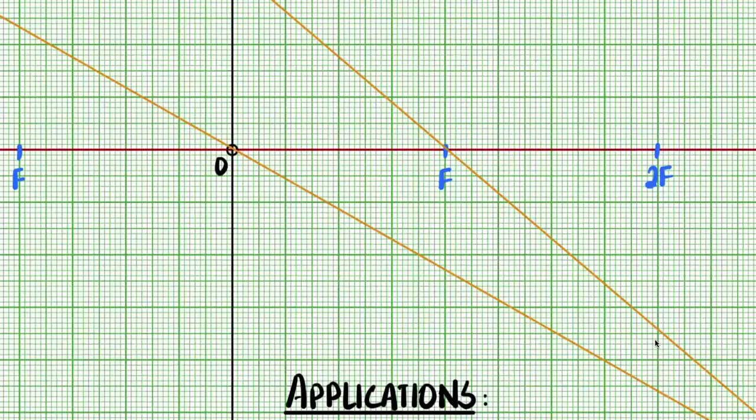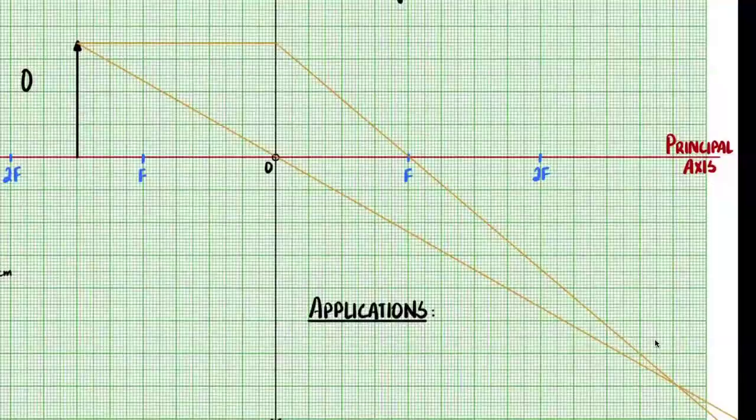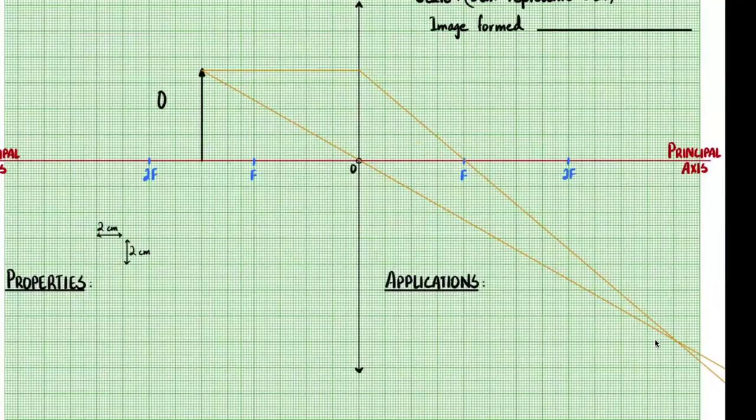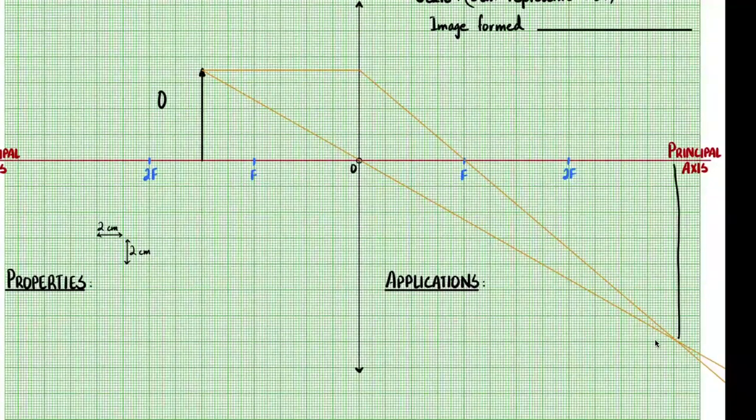So again, how we see the image being formed now is that the image forms somewhere here. All right. So this is our image. More or less it's somewhere here. Let's mark this as our image. Okay, let's try to make this a bit better.